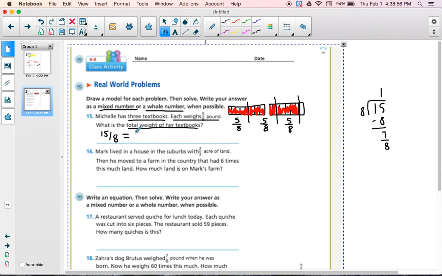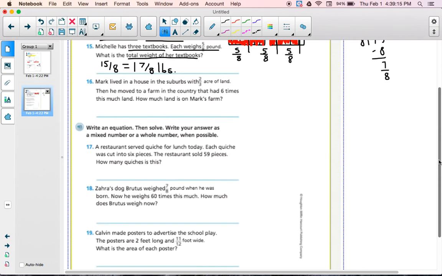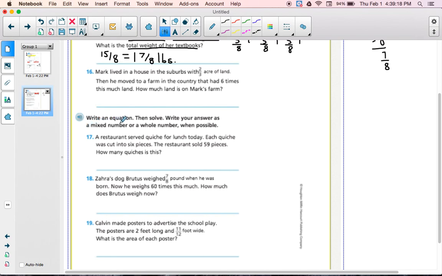The textbooks actually weigh 1 7/8 pounds. Okay, so why don't you give the rest of these a try. Notice this one says write an equation, then solve. Write your answer as a mixed number or a whole number when possible. See what you can do with these problems, and we'll talk about them later.